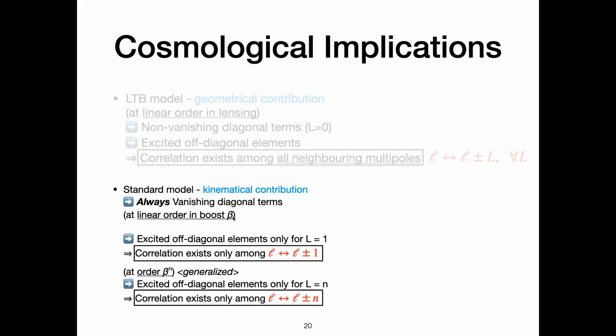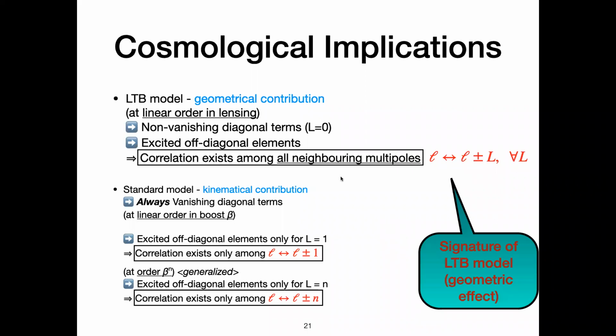If we generalize it to the order of beta to the power n, where beta is the boost velocity, then we see that the correlation exists only among L and L plus or minus n, the nth off-diagonal element, right? So unlike the LTB model, the correlation does not exist among all the neighboring multipoles, but only with some neighboring multipoles, depending on which order of velocity we expand the temperature anisotropies in.